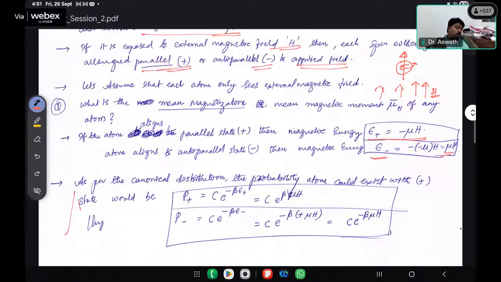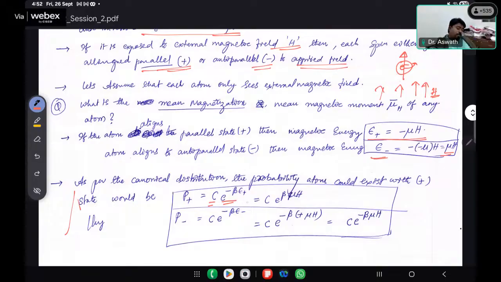Now, as per my canonical distribution, can I bring whatever discussion we did so far and put it here? So the probability of atom to exist in plus state would be some constant times exponential of beta into energy of plus state. What the constant is, we'll worry about later. So from the canonical distribution, I just express that.